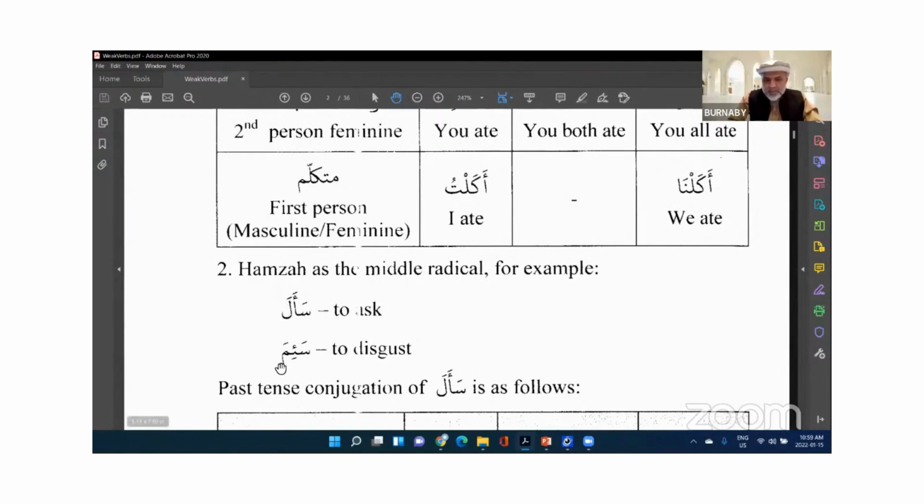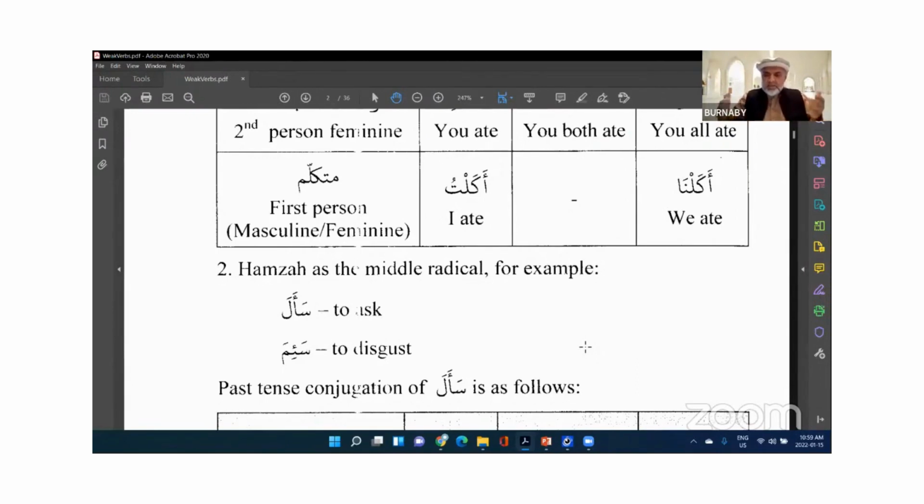Have you seen the word sa'ala? Sa'ala sa'ilun bi'azabin. Now, with this knowledge, next time when you read the Quran and bump into one of these, you will know whether it is misal, mahmuz, ajwaf, naqis, lafif makroon or lafif mafruq. Now, from understanding the Quran, does it matter to you as a normal reader?